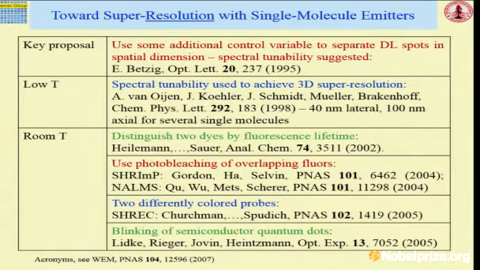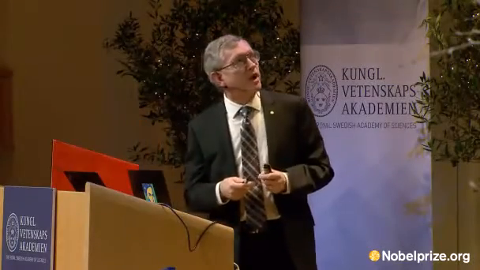Well, the key point number 2 is that you want to go to super resolution. That is, you want to resolve two objects that are close together. A key important paper was published in 1995 by Eric, where he suggested using an additional control variable to separate these diffraction-limited spots in the spatial dimension, and mentioned the spectral tunability that was available from the low-temperature single-molecule experiments.